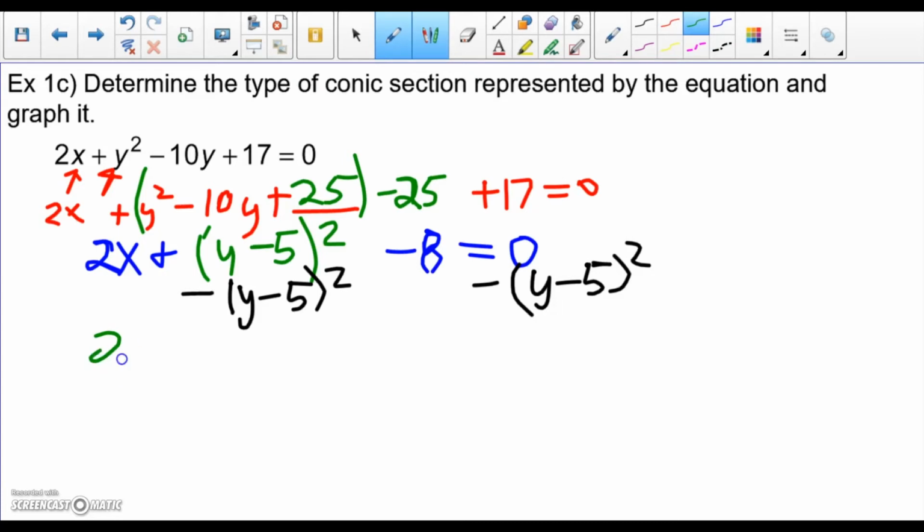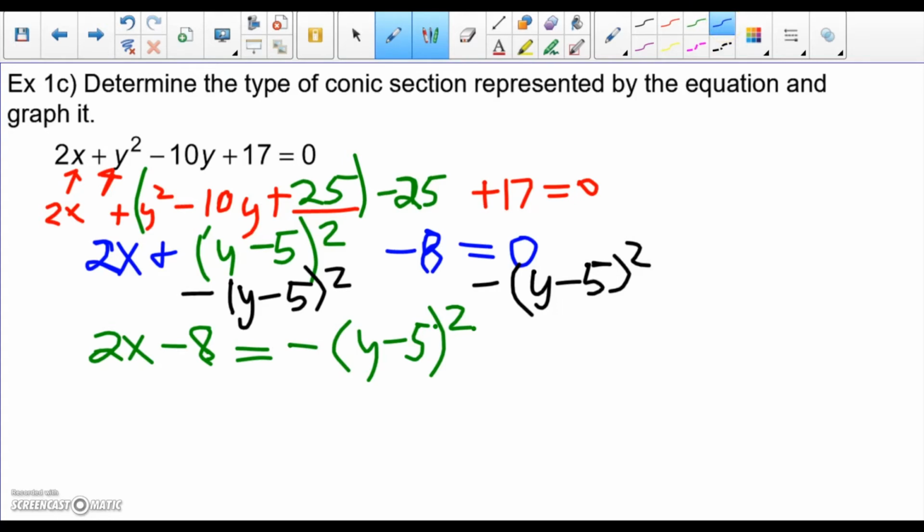So now I have 2x minus 8 equals negative y minus 5 squared. So that looks pretty close to what we want.